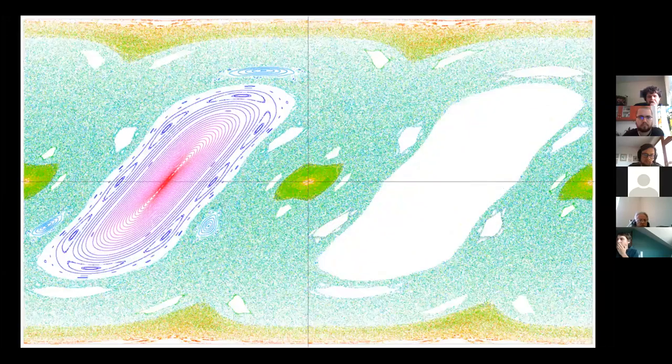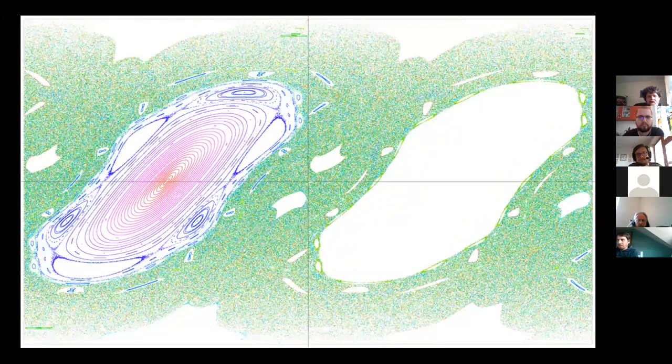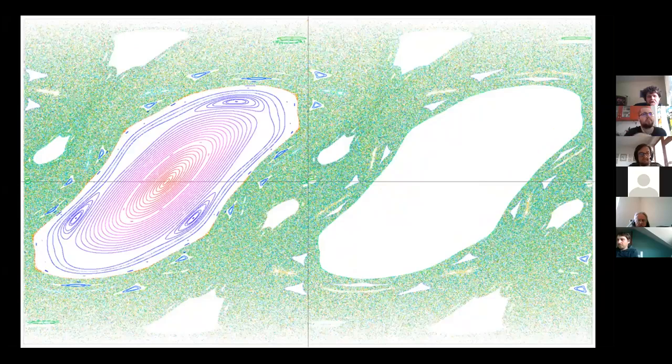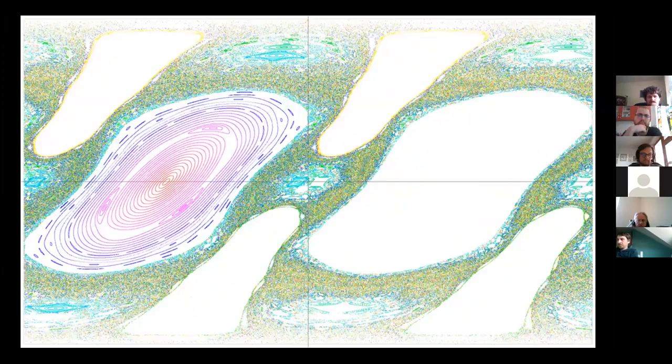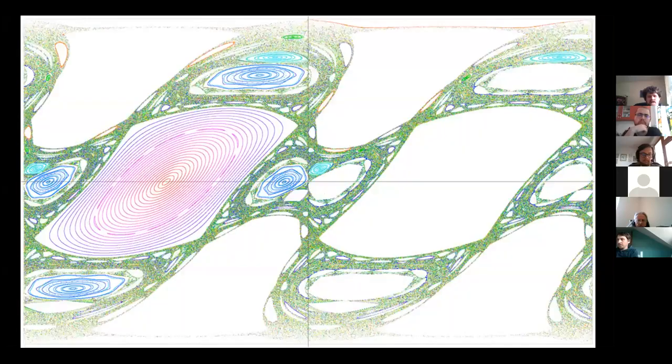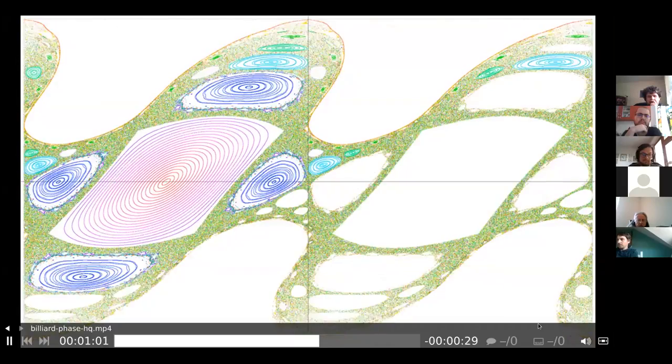This was quite nice because in some sense, those regular islands just grow and touch, and then they merge one with another. This is something like 2 pi over 3.